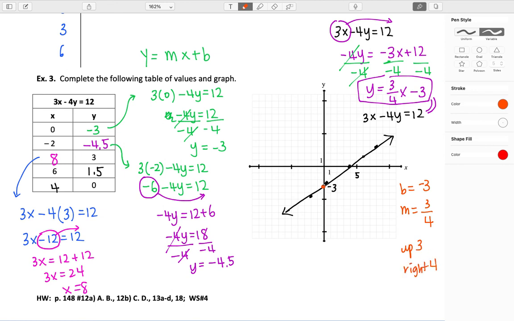Let's double check. I'm going up 3, 1, 2, 3, and then I'm going right 4 steps. So 1, 2, 3, 4. And there you have it. Okay. So therefore, the standard form and the slope y-intercept form, these are the same equation, but written in a different format.